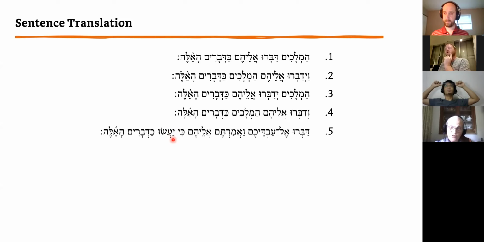Because it's hu yedaber, vehem yedabru. The yod is the third person masculine, and in this case plural. I know it looks odd, but it's pretty normal. Ya'asu means they will do. The weird thing is that the hey disappears. They will do according to these words.